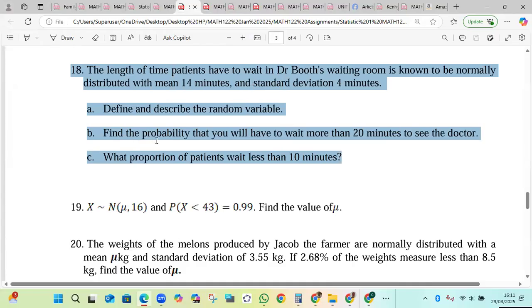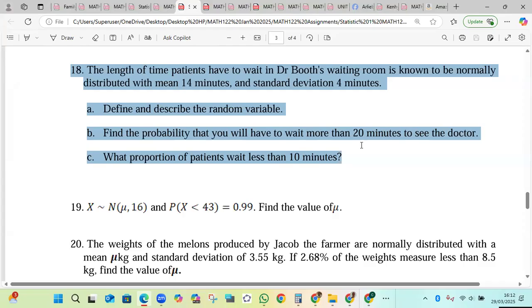Now, part B says find the probability that you will have to wait more than 20 minutes to see the doctor. More than 20 minutes, you must shade towards the right in your normal curve. And you have to compare 20 with the mean. The mean is 14.